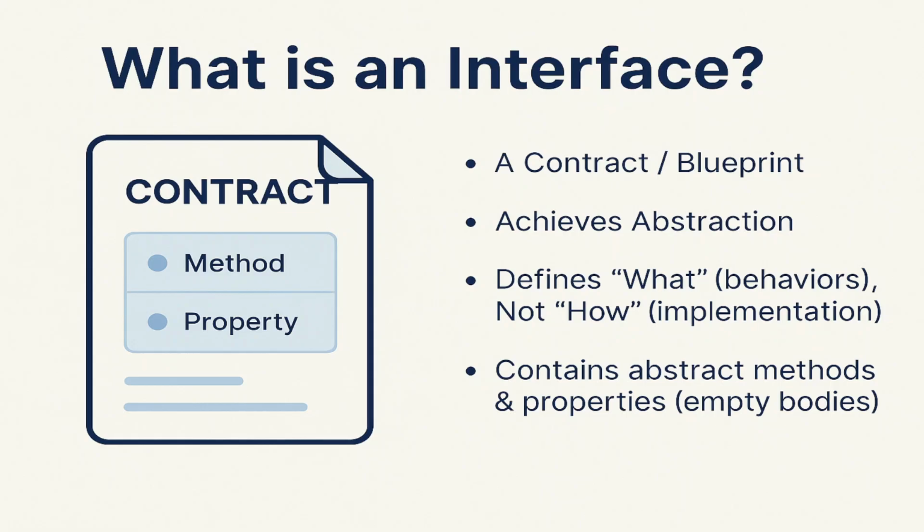Now, if it sounds confusing, let's right away jump into the code to understand it. And with the example, we will try to understand what is an interface, when to use it, and what is the whole purpose, why interface does exist. Okay, so let's jump into the code right away.